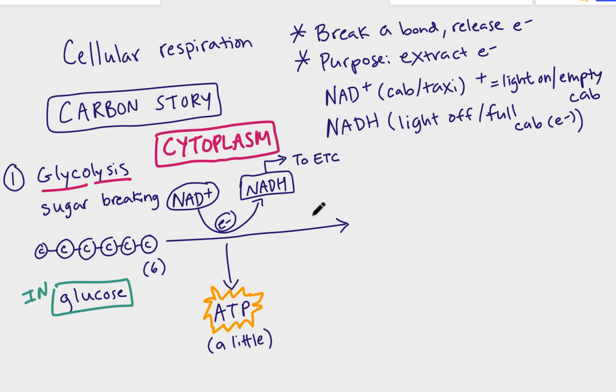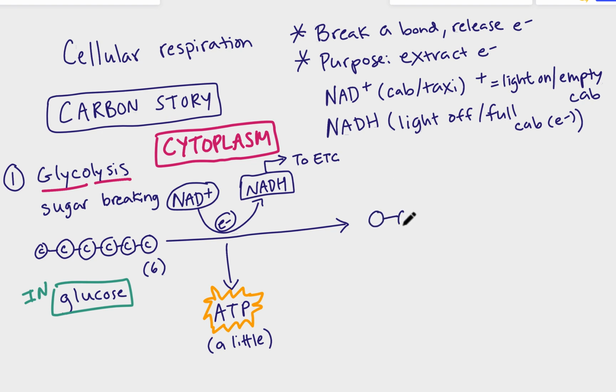It's ultimately the goal of cellular respiration. But we're just making a little. Now some cells are small enough to where they can run just off of glycolysis, and it's enough ATP. But many cells actually need the cellular respiration process to occur, and glycolysis isn't enough. Or they can just run for a small amount of time using glycolysis.